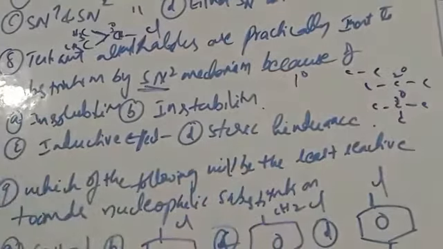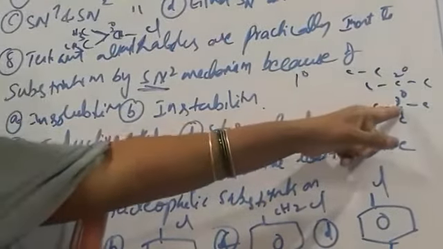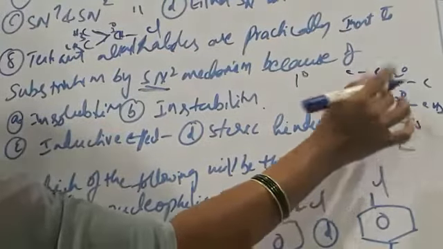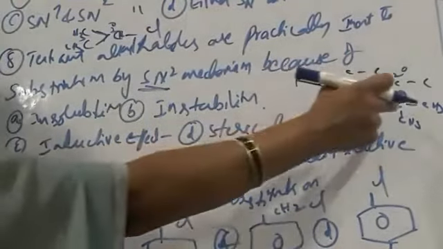Okay. So tertiary carbon undergoes steric hindrance. Steric hindrance means it is surrounded by bulky groups. So three methyl groups are present around the tertiary carbon. So this leads to steric hindrance.